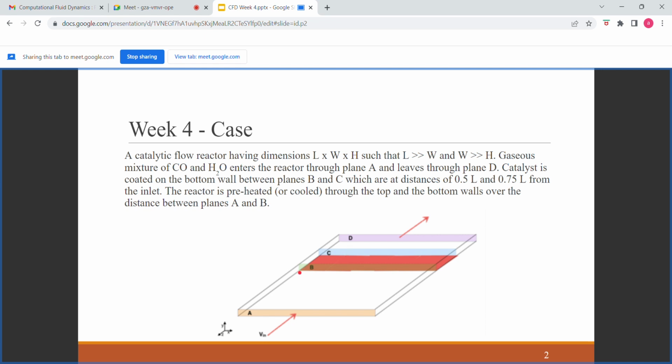Between planes A and B, it is either preheated or cooled depending on the requirement through the top and bottom walls. So these are all the conditions given in this problem.